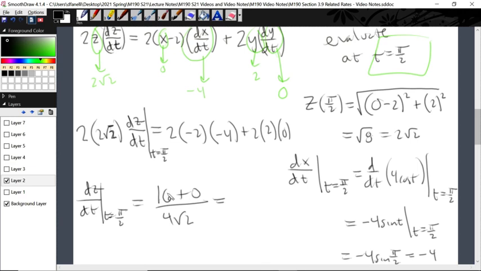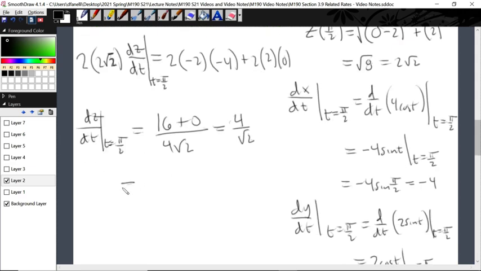So we have 16 divided by 4 root 2, which is 4 over root 2. If I rationalize the denominator, multiplying by root 2 over root 2, we get 4 root 2 over 2, which is 2 times the square root of 2. That's our answer. That is telling us the rate at which the distance between the particle and that fixed point at (2, 0) is changing.